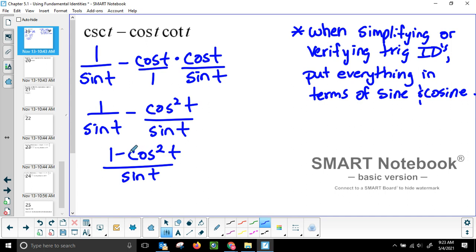What should this remind us of whenever we see a 1 and a trig function squared? The Pythagorean identities. Specifically, the one that says sine squared theta plus cosine squared theta is equal to 1. How can I get one side of the equal sign to look like 1 minus cosine squared? Simply subtract cosine squared.